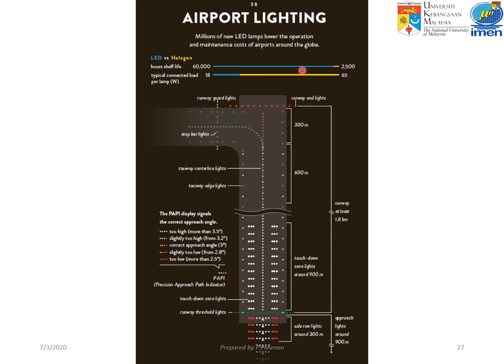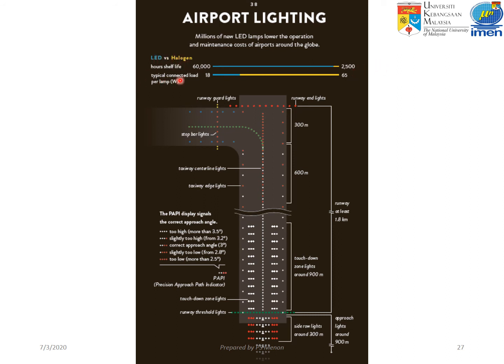Airport lighting. Millions of new LED lamps lower the operation and maintenance cost of airports around the globe. LED versus halogen, these are two types of light. You can see the LED is in bluish green, and halogen in yellow. In terms of hours of shelf life, 60,000 hours for LED, and the halogen lamp is only 2,500 hours.